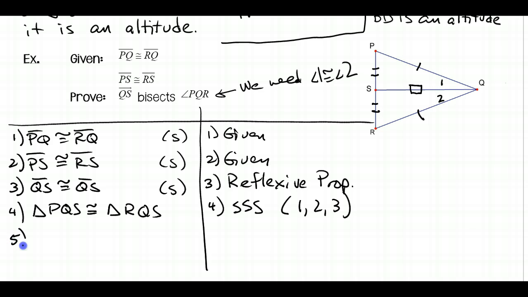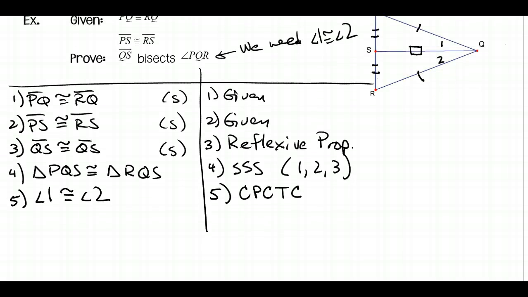So now that those triangles are congruent, I know that all the other corresponding parts are congruent, and angle 1 and angle 2 are corresponding parts, so they'll be congruent. And our reason is CPCTC, corresponding parts of congruent triangles are congruent. And now that I have 1 and 2 congruent, I know that means that ray QS must bisect angle PQR.